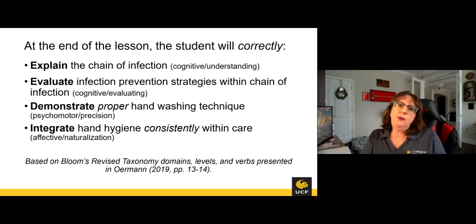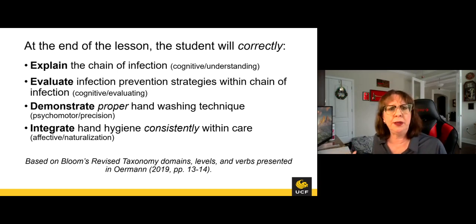Since we're in the module of learning behavioral objectives, I also put the domain after each one, and then the specific level. So explain is in the understanding level of the cognitive domain, here for the chain of infection.